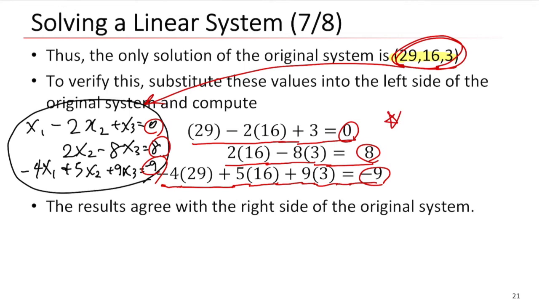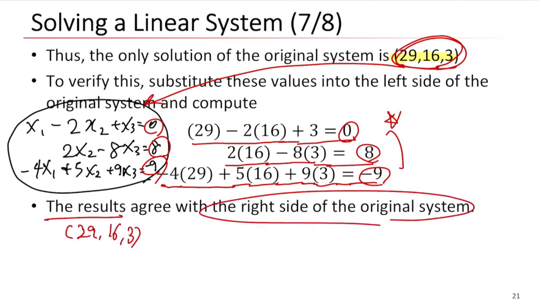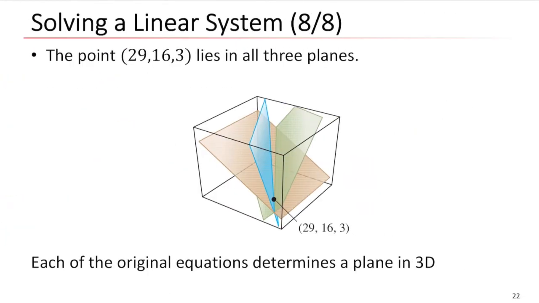So you can do this by hand. Anyway, this agrees with the right hand side of the original system, so we can say that this is the solution of this linear system. Okay, so we can represent this solution in three-dimensional space.